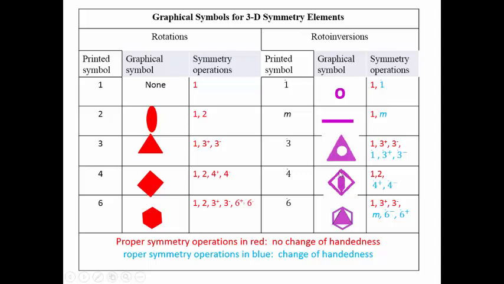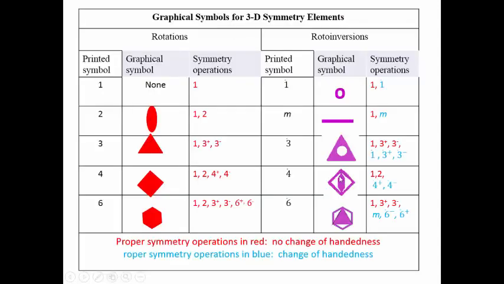So the 4 bar we indicate by the 4, by the square pointed upward, and you can see it has a subgroup of 1 and 2, which is over here. So we put that twofold in the center here, and likewise with the 6 we have the subgroup of 1, 3 plus, 3 minus, and we put the little triangle in the center of the hexagon. The hexagon is for the sixness, and therefore we have this symbol.